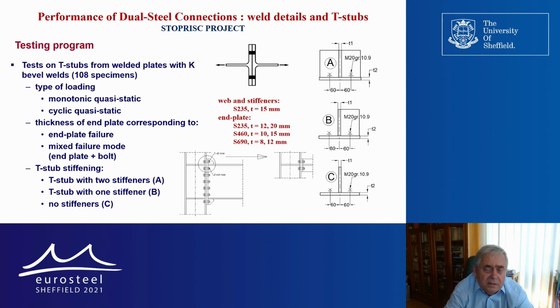The T-stubs have been unstiffened and stiffened, and they are practically welded with bevel welding. A large number of specimens have been tested, to see if there are some problems due to the welding of two different steel grades to each other.